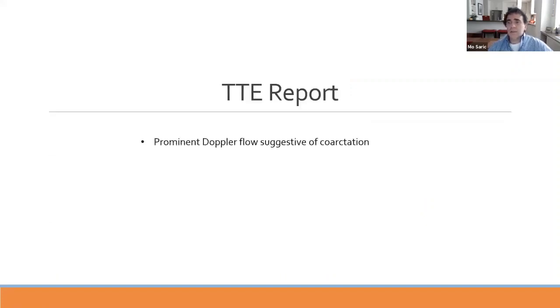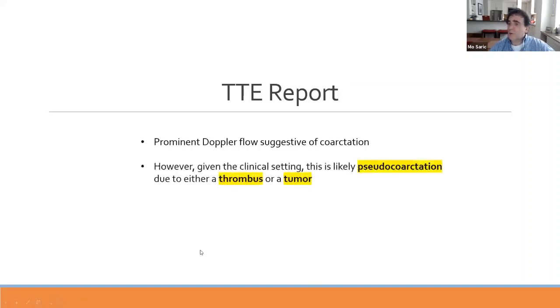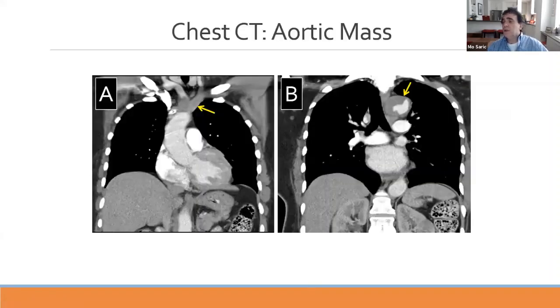The attending physician who read this study noted there is a prominent Doppler flow suggestive of coarctation. However, he said, given the clinical setting, this is likely pseudo-coarctation due to either tumor or thrombus. He referred the patient for chest CT and MR, and he actually proved to be right.